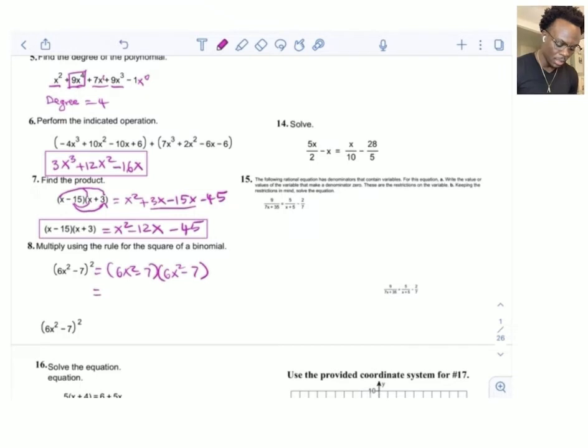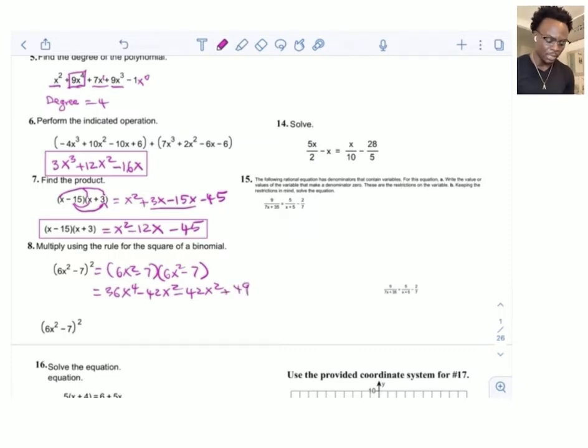So that's going to be 6x squared times 6x squared, that's 36x to the 4th. 6x squared times negative 7 is negative 42x squared. Negative 7 times positive 6x squared is negative 42x squared. And negative 7 times negative 7 is positive 49.